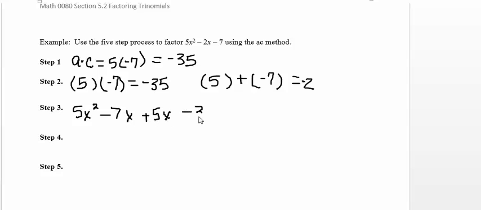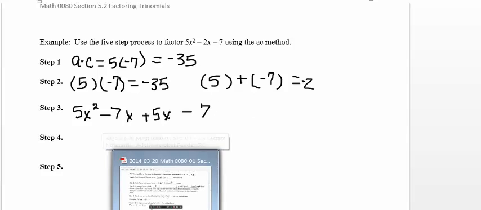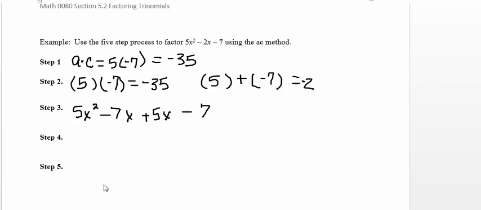But notice what I'm going to do. I'm going to rewrite negative 2x as negative 7x plus 5x. And I leave the 5x squared and the constant negative 7 unchanged. I want to find the GCF of 5x squared minus 7x. Notice that that's x. And it multiplies by 5x minus 7.